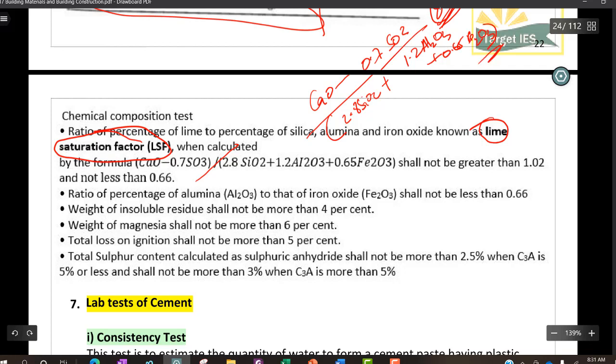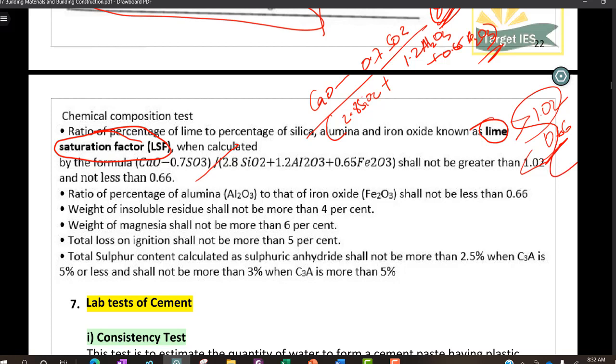So CaO minus 0.7 SO3 divided by 2.8 SiO2 plus 1.2 Al2O3 plus 0.65 Fe2O3. So the ratio that comes out should not be greater than 1.02 and should not be less than 0.66. So it should be in the range of 0.66 to 1.02.